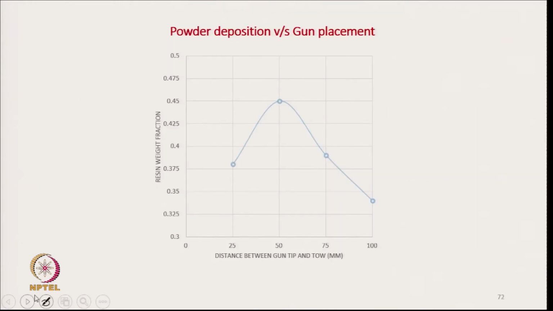And our next experiment was the effect of distance between the gun tip and the toe on the powder deposition. So, this is the toe and here is the gun tip.